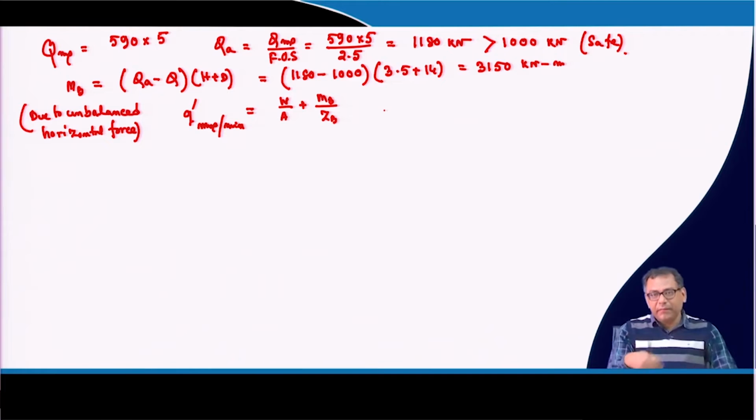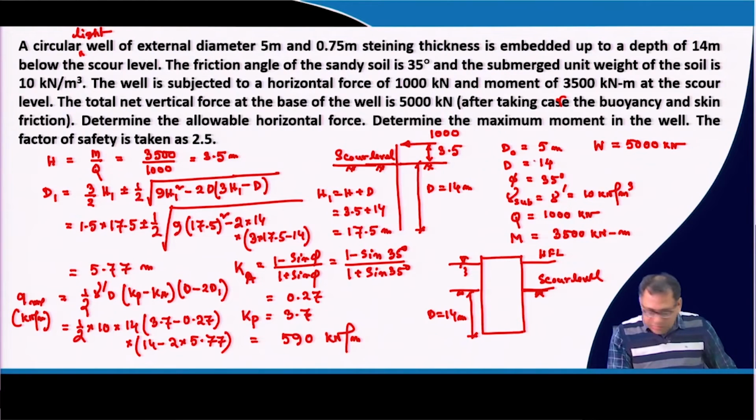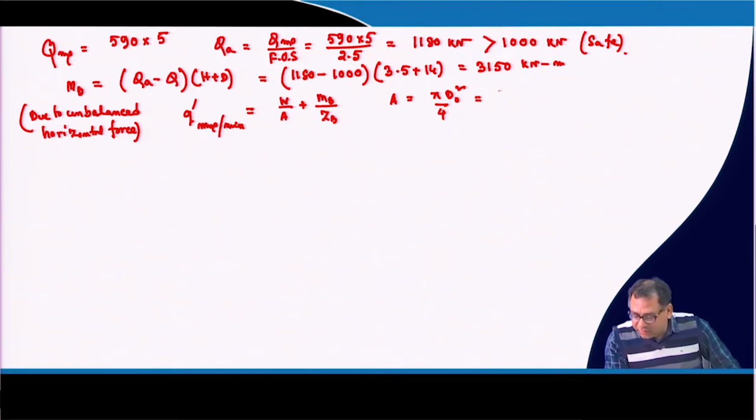We are taking the total outside area of the well, okay? Because we are taking total outside area of the well. So, A will be pi d0 square by 4, and d0 is 5 meter. So, this is pi 5 square divided by 4.